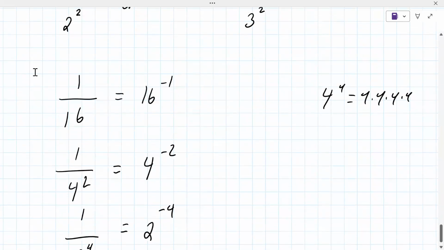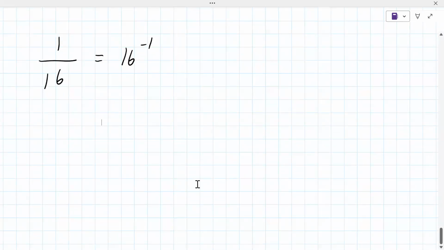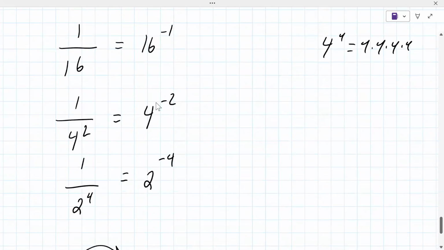Now, there's a couple of other ways you could proceed here, just so you can get the full perspective, because it really is up to you how you identify this. You could say, 16 is really 4 squared. 4 squared to the negative 1 power, you multiply the exponents, and that gives you 4 to the negative 2, which is exactly what we had here.